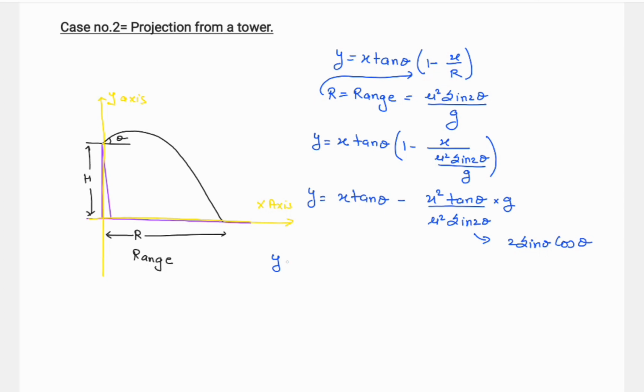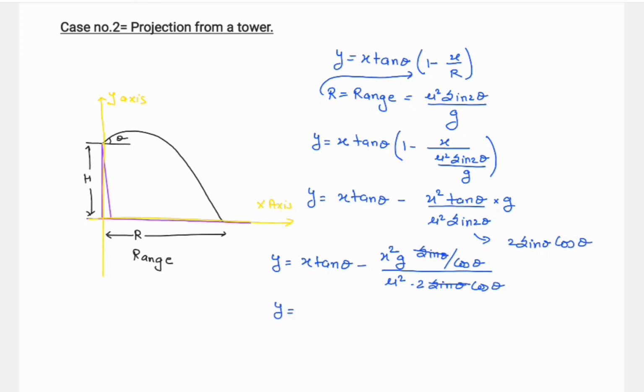Now I can write y as x tan theta minus x square g. And tan theta, can I write it as sine theta upon cos theta? Divided by u square times 2 sine theta multiplied by cos theta. Sine theta and sine theta are going to cancel.